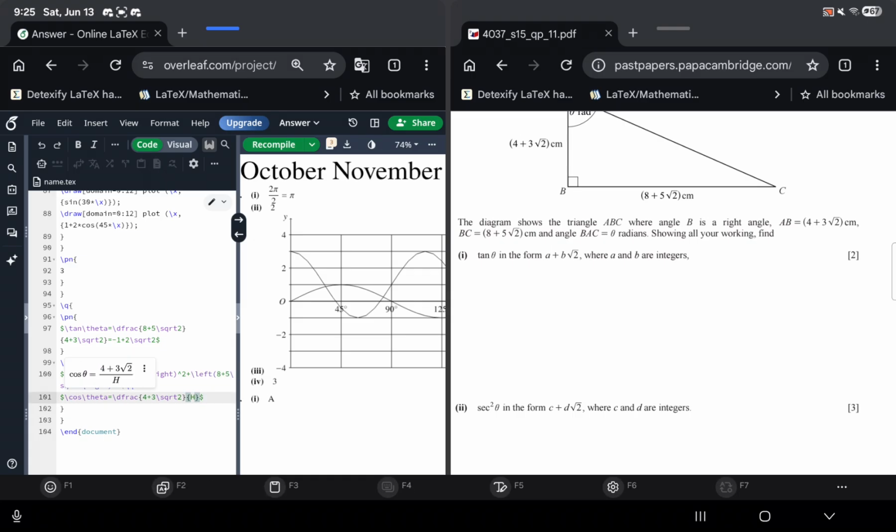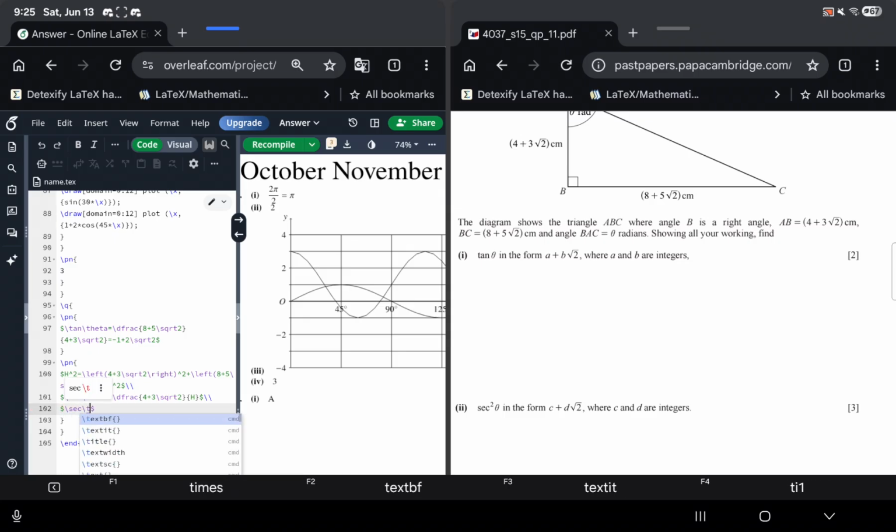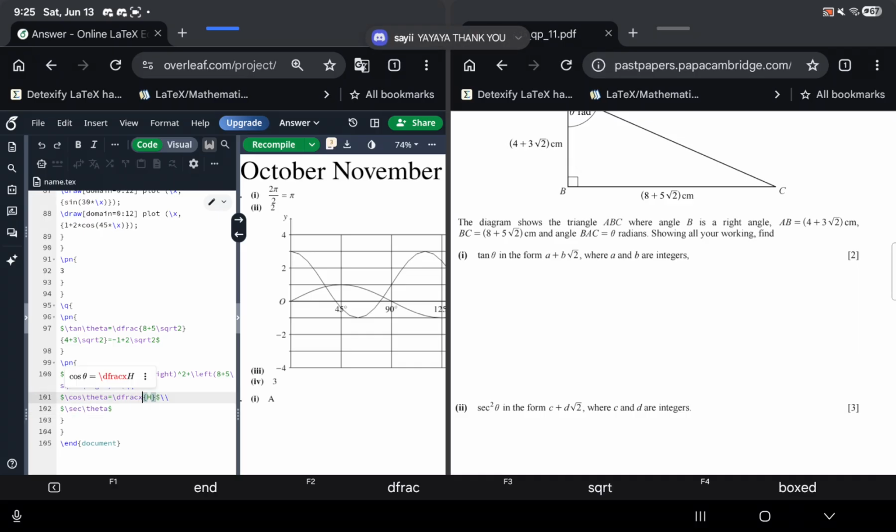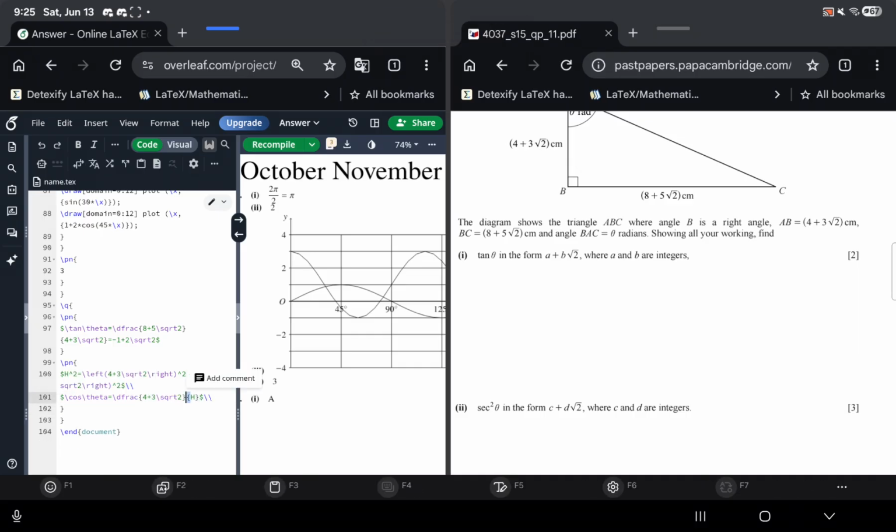Now we want this value to be squared. Nice. Now we do the reciprocal of this. Secant of theta is equal to the flipping of this fraction.